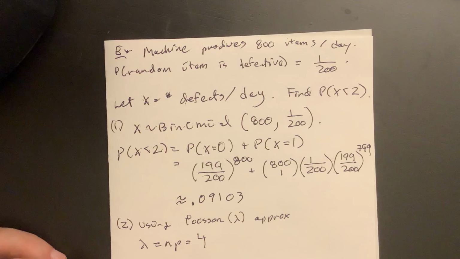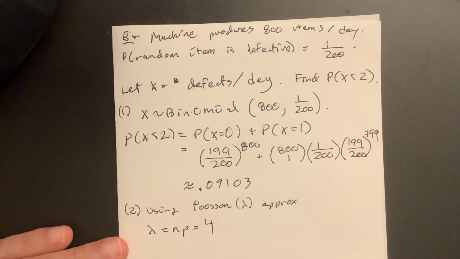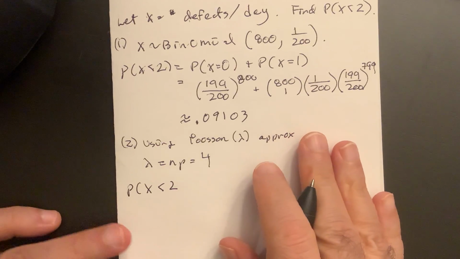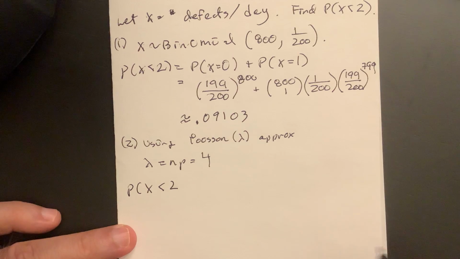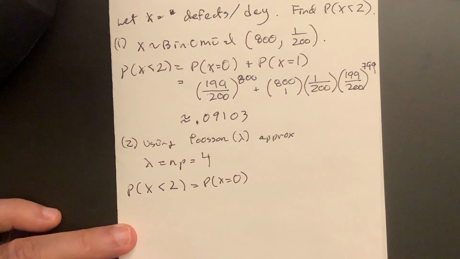So in other words, the rate or the average in the long run is 4 defects per day. So I make that the rate, and then I have the probability x is less than 2. Again, it's just the probability x is 0 or 1. But I'm going to use the other PMF now.